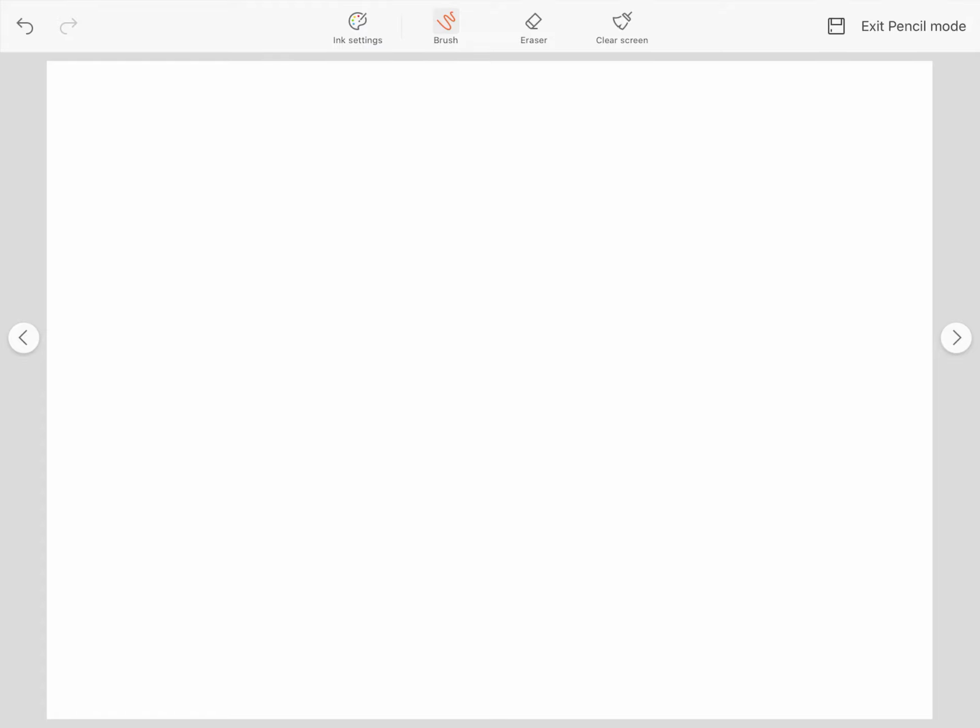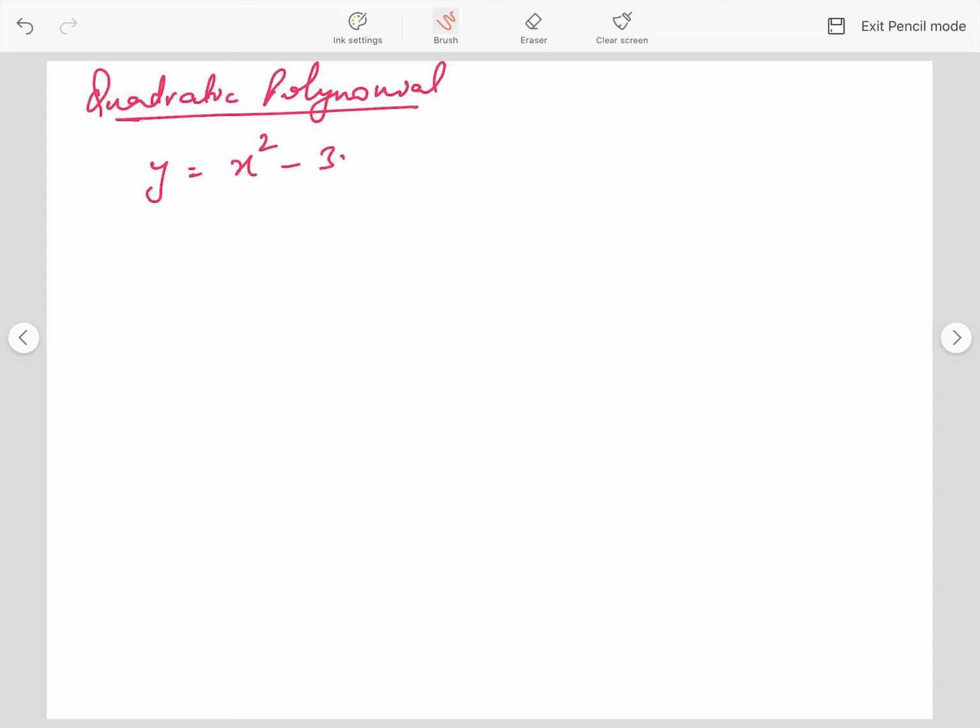Now we will do it for a quadratic polynomial. Let us take one example for a quadratic polynomial, that is y is equal to x square minus 3x minus 4.